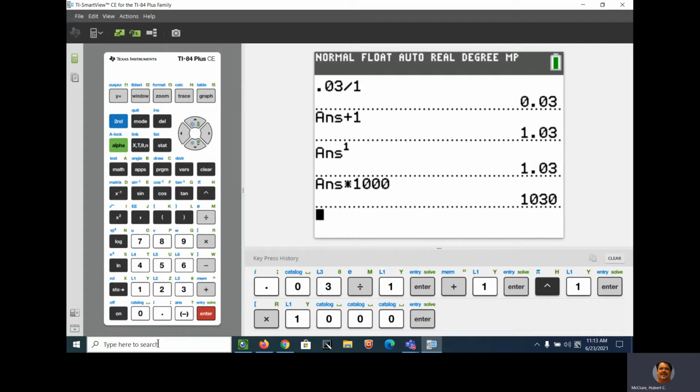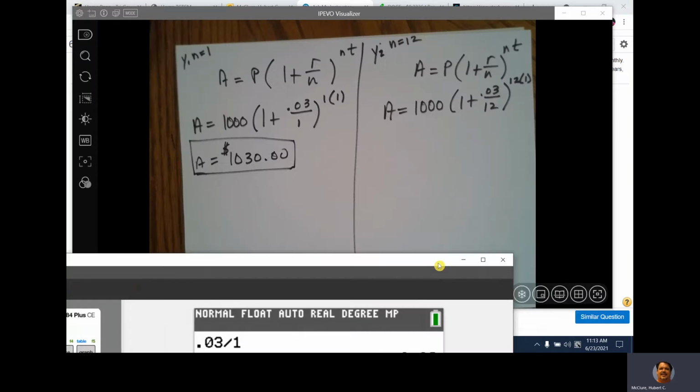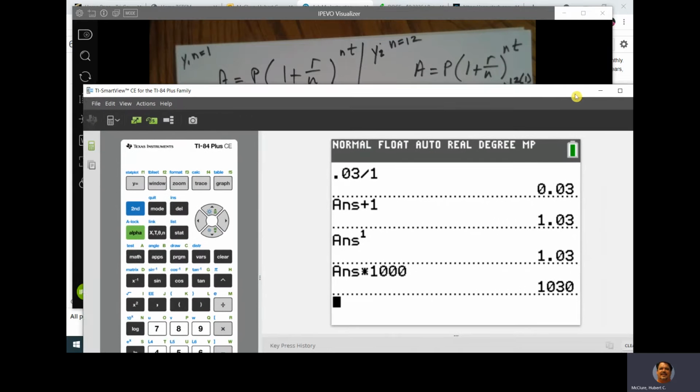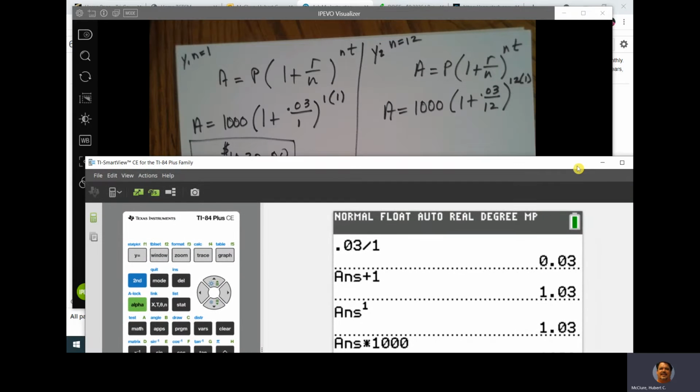Now let's go back. We did 1,030 at 1 year. Now let's do compounded monthly for 1 year.